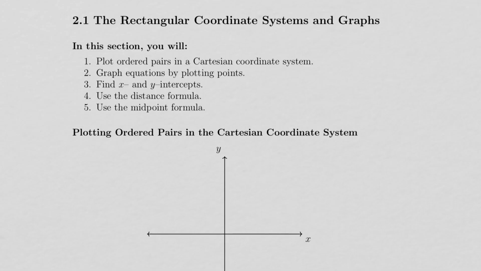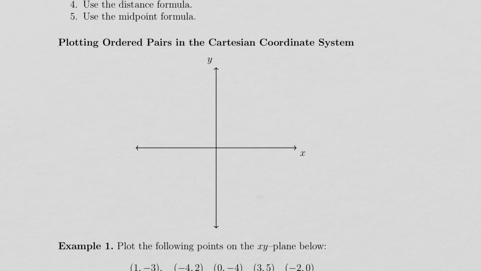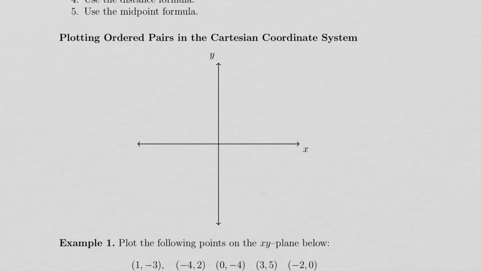To start, remember what the Cartesian coordinate system is. It's a coordinate system that consists of a horizontal axis, typically called the x, but you don't have to call it the x, and then a vertical axis, typically called the y, but again, you don't need to call it y.